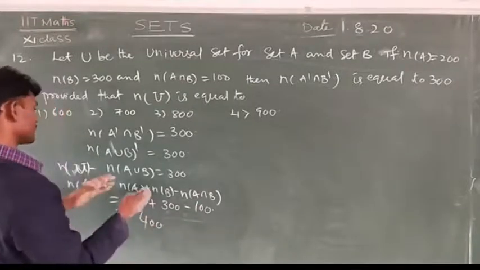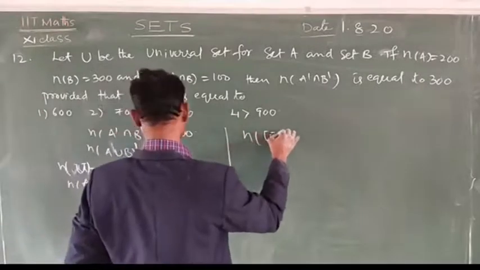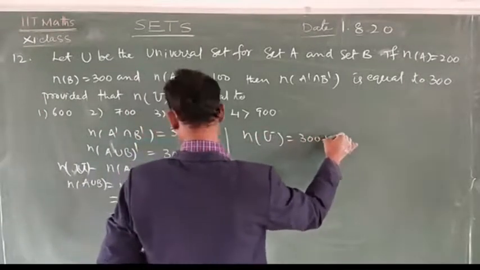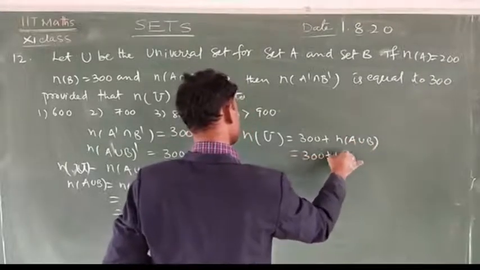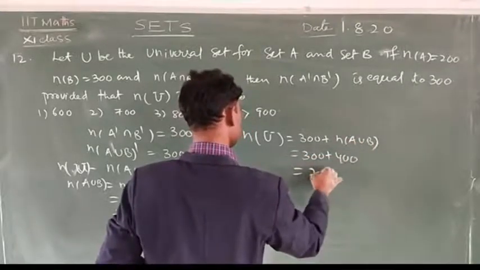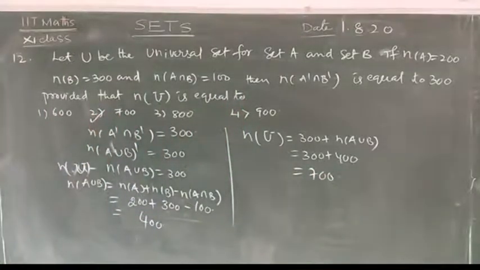This 400 you have to substitute here. n of U is equal to 300 plus n of A union B. Here 300 plus 400 is equal to 700. My option is the second one. Note down.